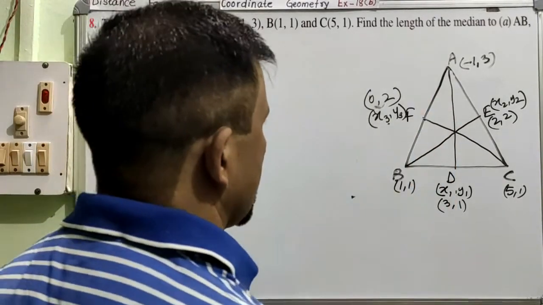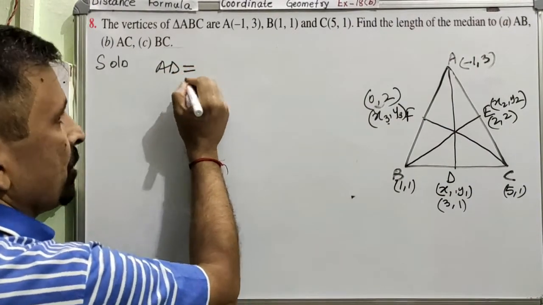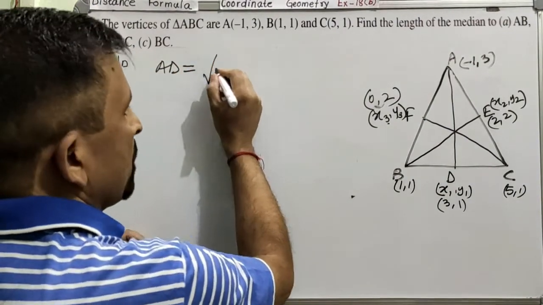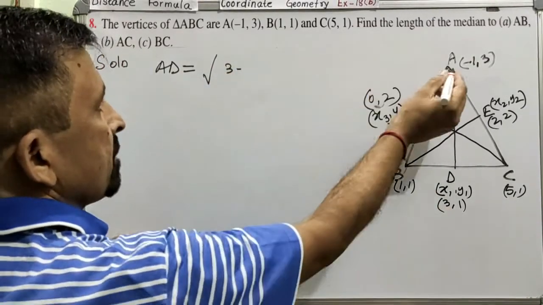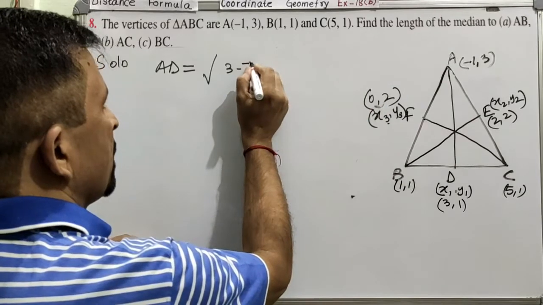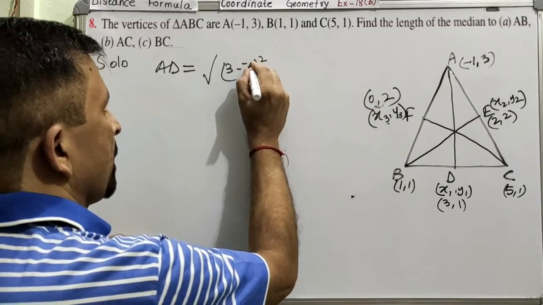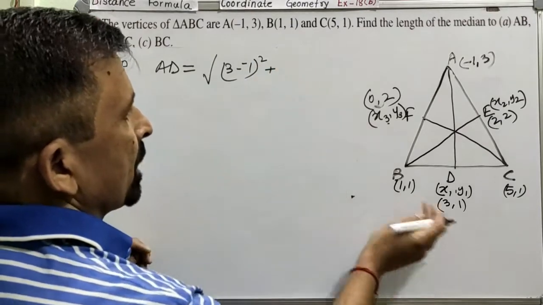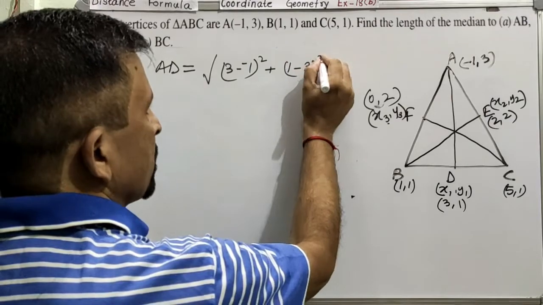So I'm going to calculate the length of median AD, right? So AD will be equal to root over (3 minus minus 1) whole square plus (1 minus 3) whole square.